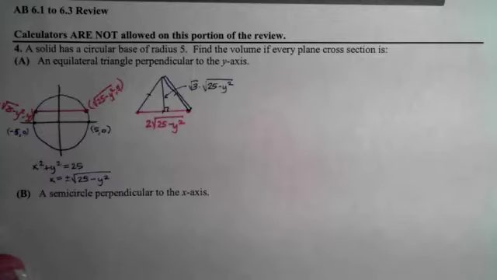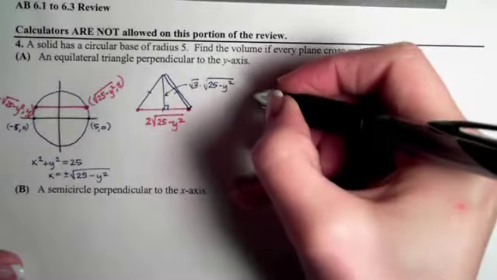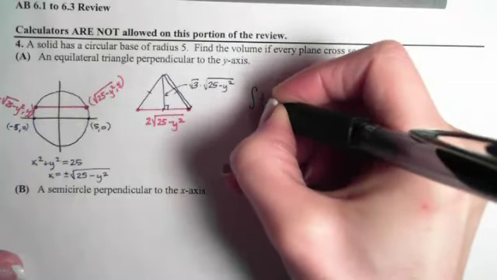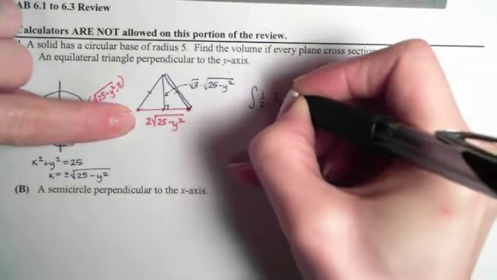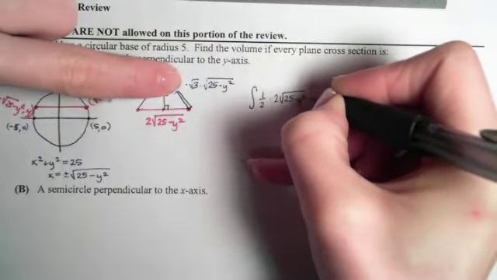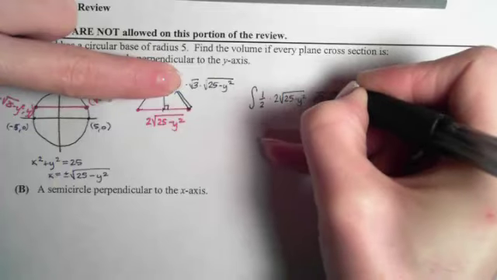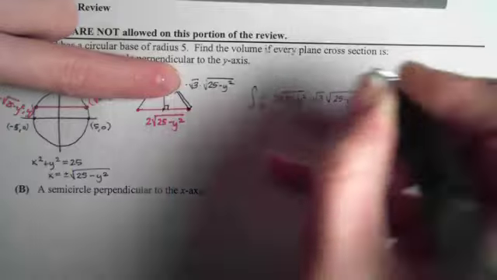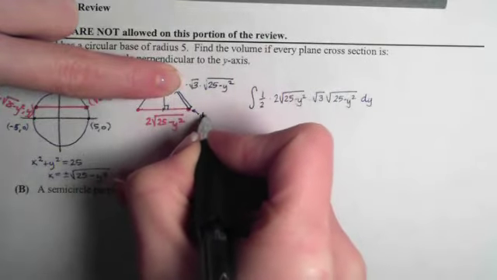So what we're going to do now is set up that integral. The volume integral will be 1/2 times the base times the height times the thickness, which is a dy.